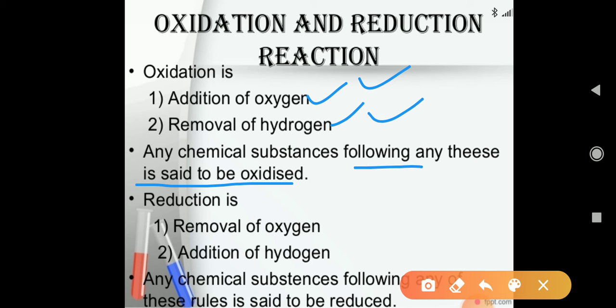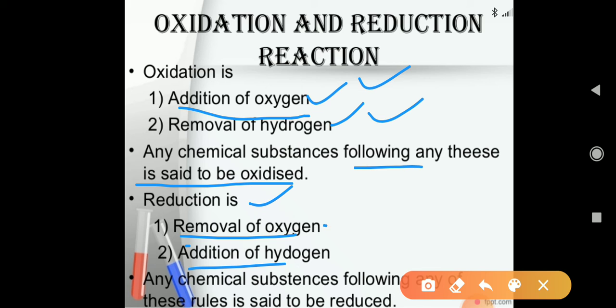Then opposite to this, the second type is reduction reaction. So reduction is, as here addition of oxygen in oxidation, here a removal of oxygen. So when oxygen is removed from any species of reactant, then that reaction is a reduction reaction. The second definition is addition of hydrogen. In oxidation there is removal of hydrogen, but in reduction, opposite to this, addition of hydrogen.